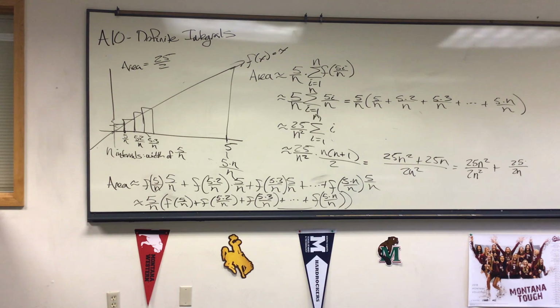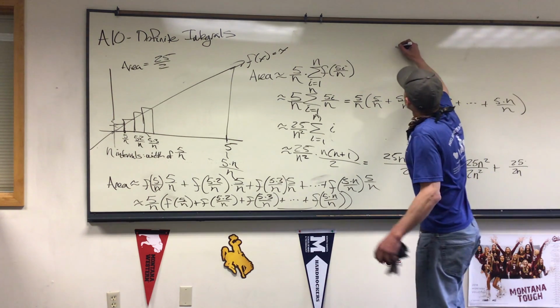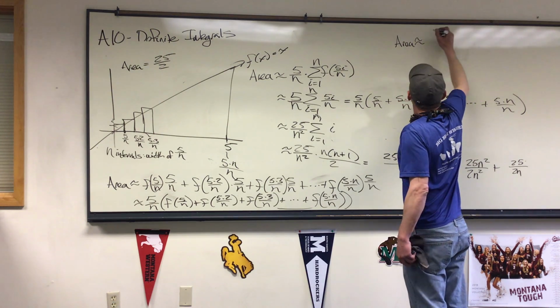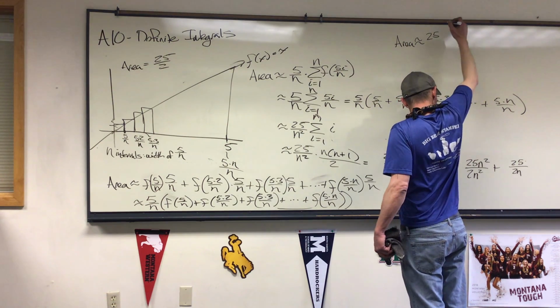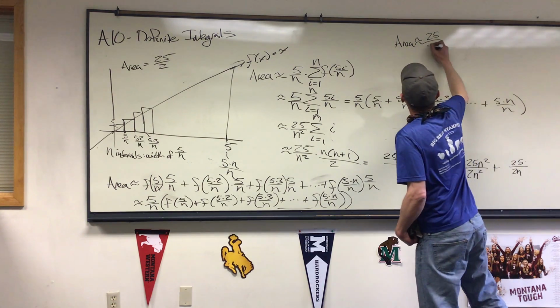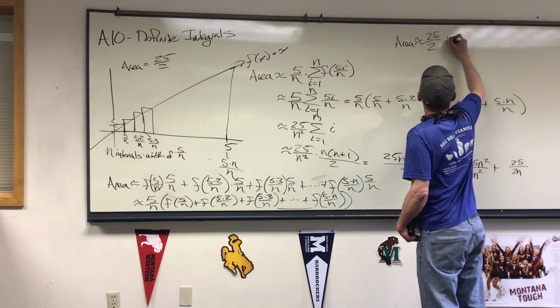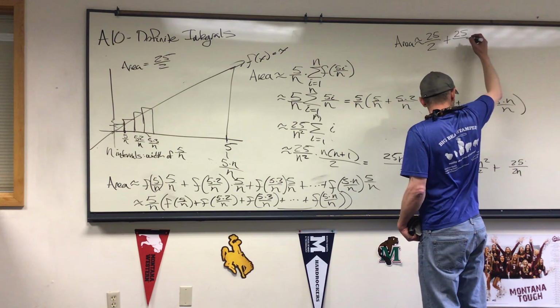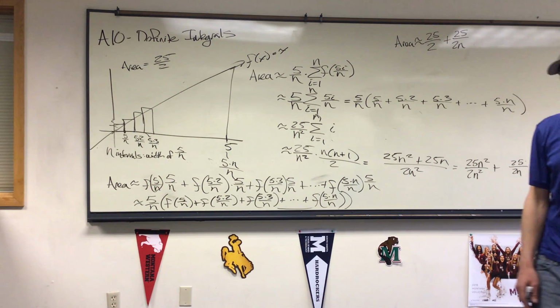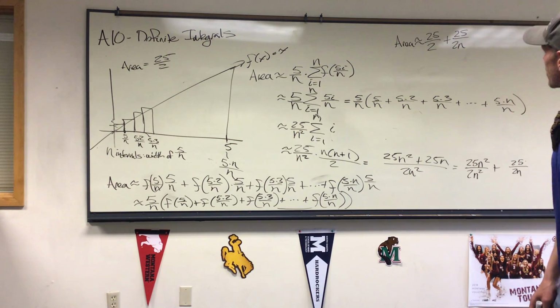All right, and so now I can say that the area under the curve is approximately, and notice our n squareds cancel here, 25 halves plus 25 over 2n. Okay, and that is the area under the curve for n rectangles.